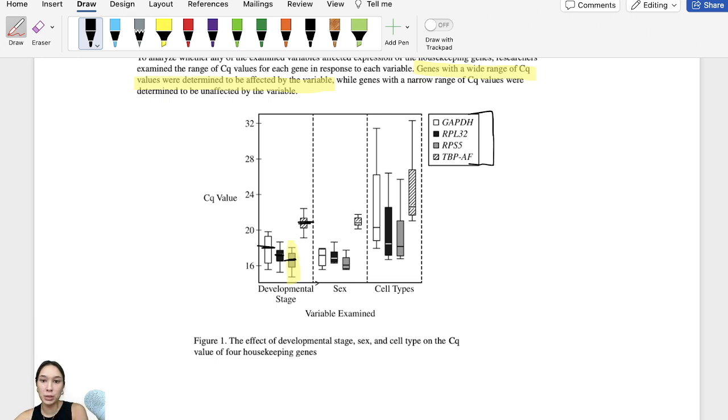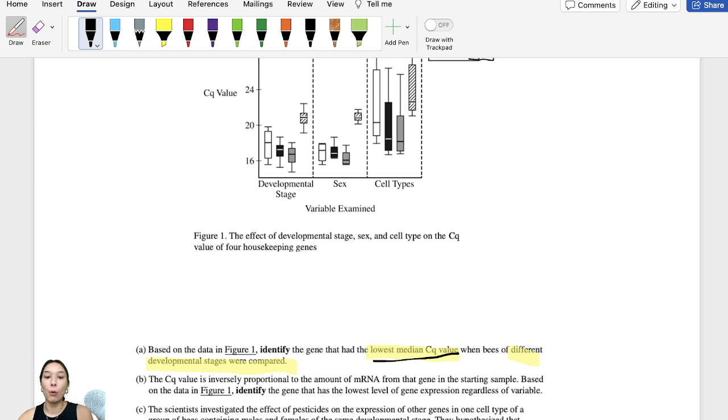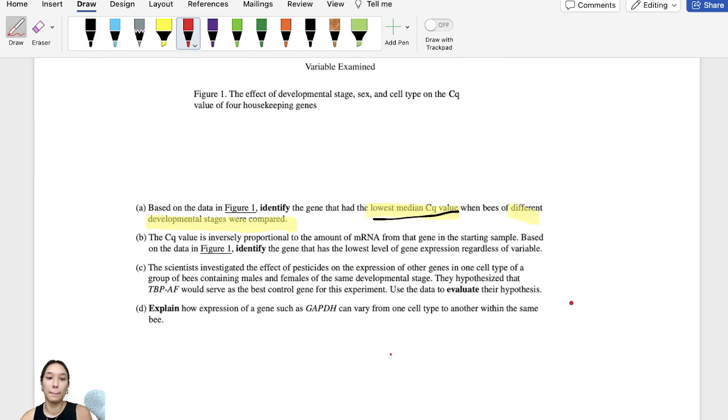So that one, using our legend, this kind of lighter gray colored one is RPS5. So that one is going to have the lowest CQ value for developmental stage. So A is RPS5.